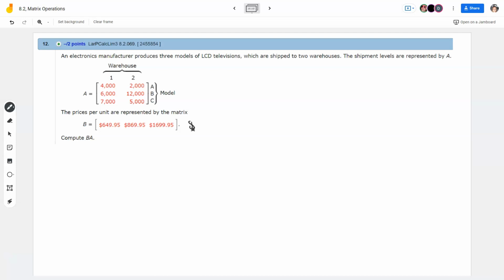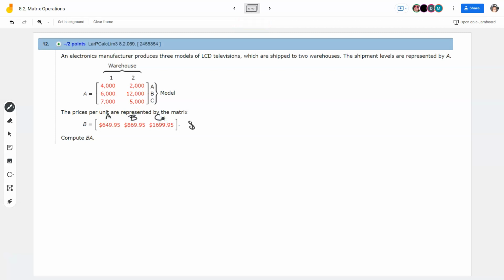Which ones? Televisions? LCD, from warehouse 1. What models? 3 types of LCD. Read the matrix. Oh yeah, the three different types. Oh, there we go. Okay. Does that make sense?